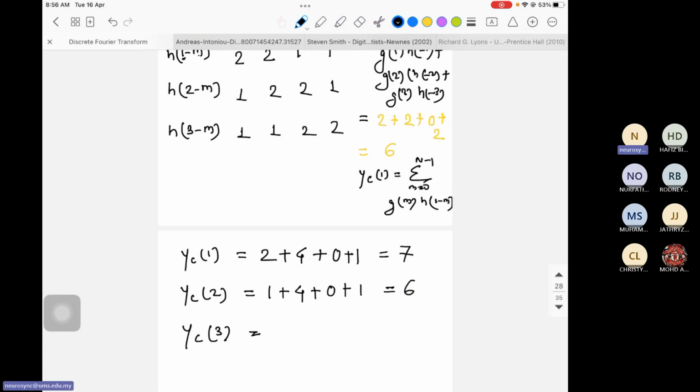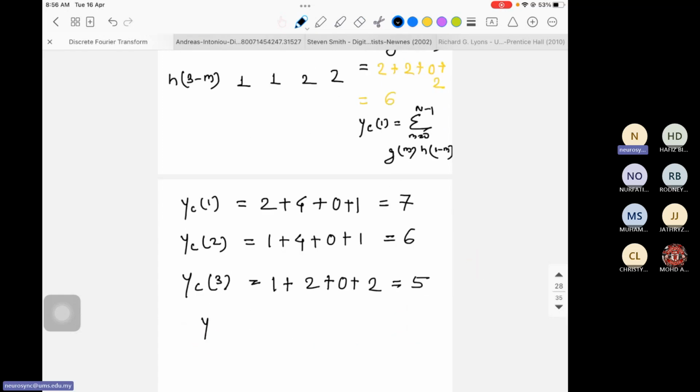Similarly, you can find yc of 3. So that is equal to the multiplication of this. So 1 into 1 is 1 plus 2 plus this is 0 plus 2. So this is 5. Okay. So the final answer is yc of n, the summation of all this: yc of 0, yc of 1, yc of 2, and yc of 3.